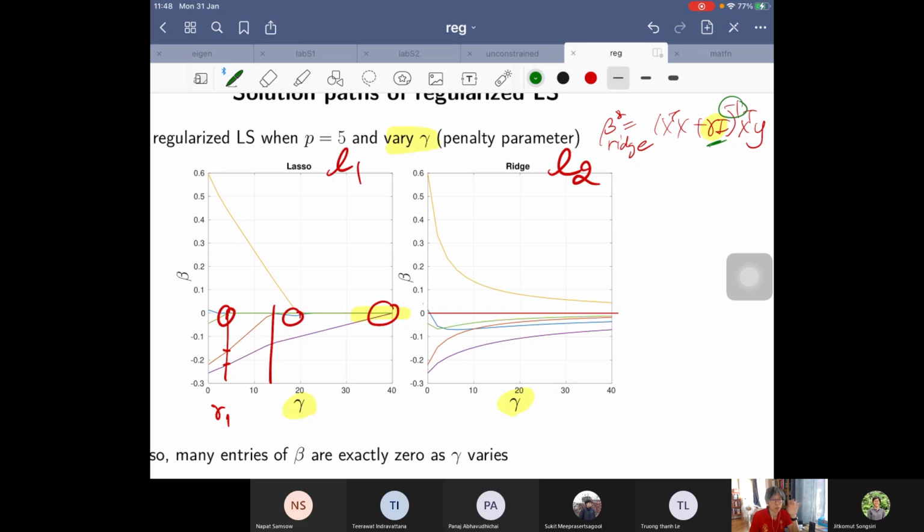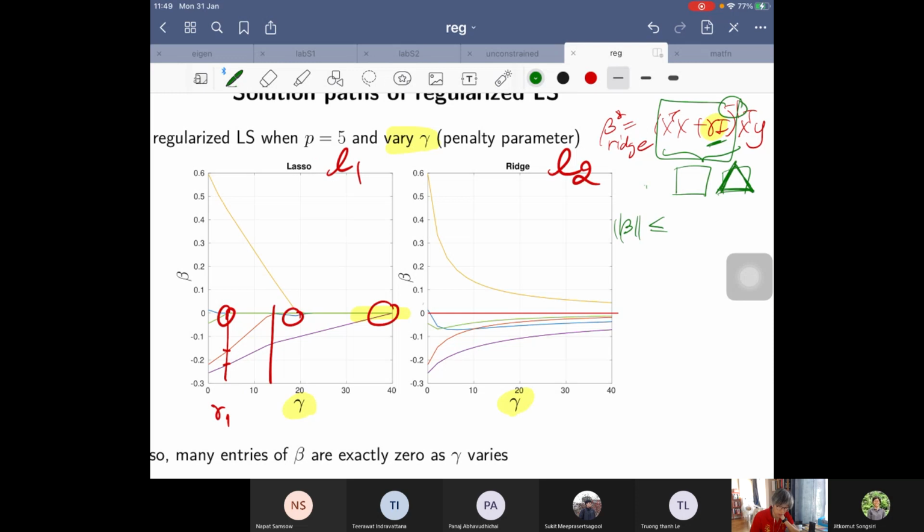Conceptually, when gamma is so big, think about a million, of course this inverse would be very small. Mathematically, you can think of this as a two-term product.